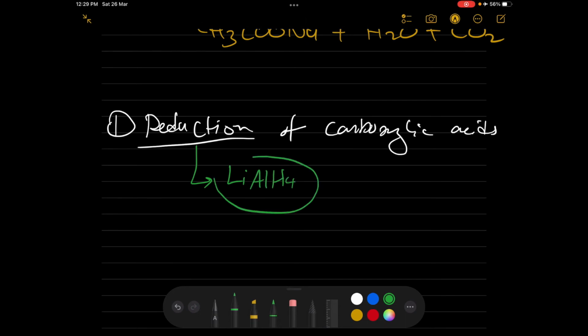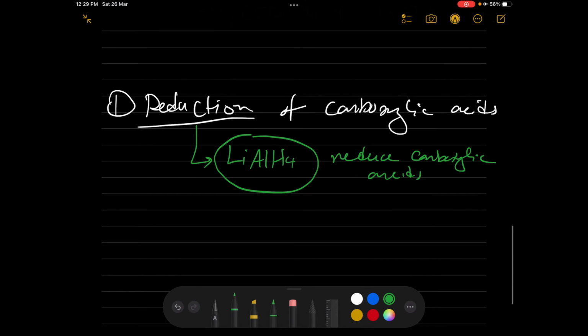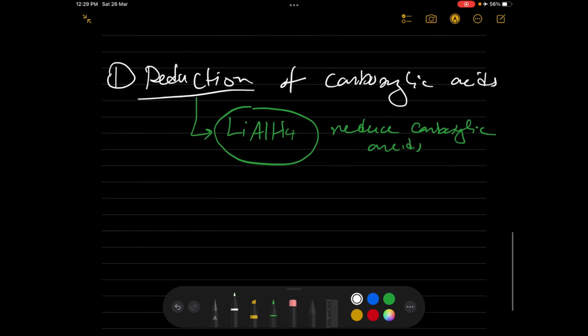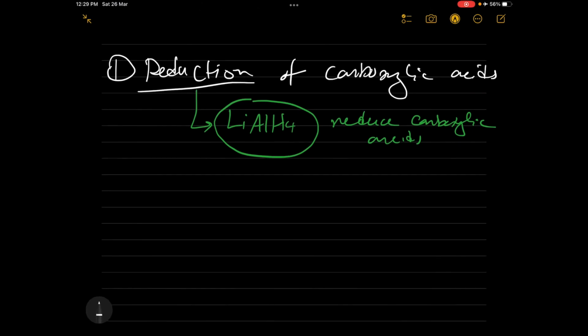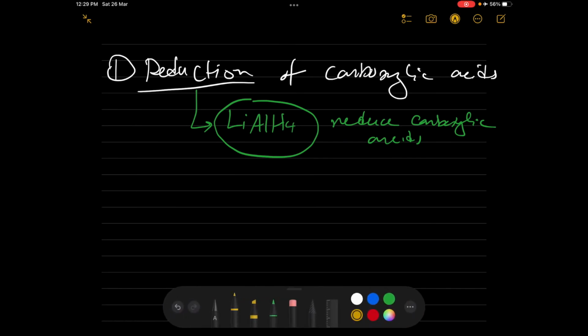So this can reduce the carboxylic acids. All right, so what will be the result of a reduction of carboxylic acid? Let's take a real example, our normal example, CH3COOH. We apply LiAlH4 in the presence of dry ether, and by the way, it happens at room temperature.